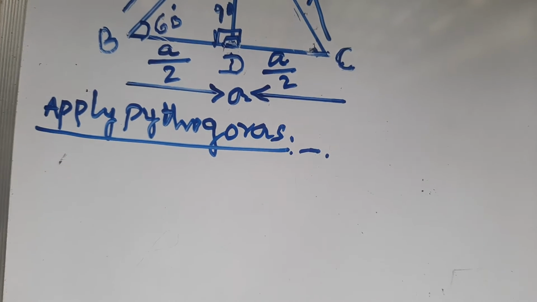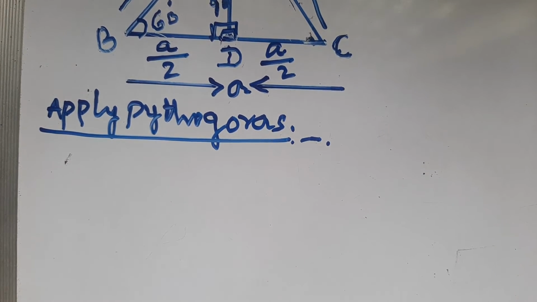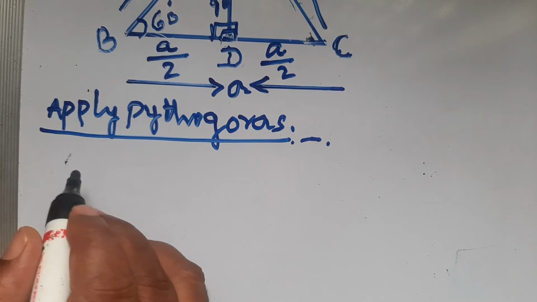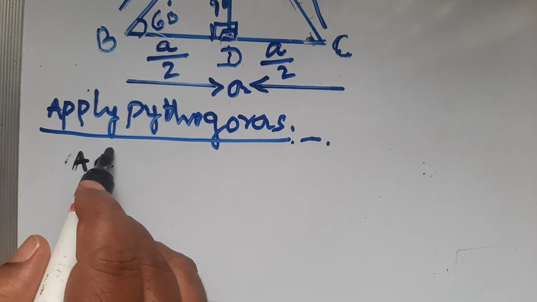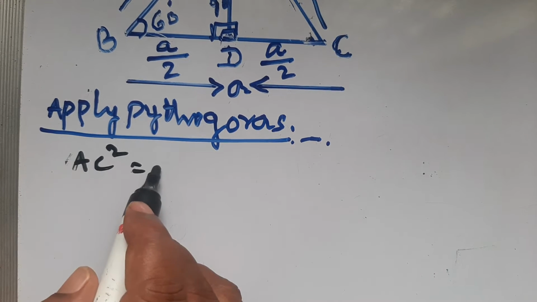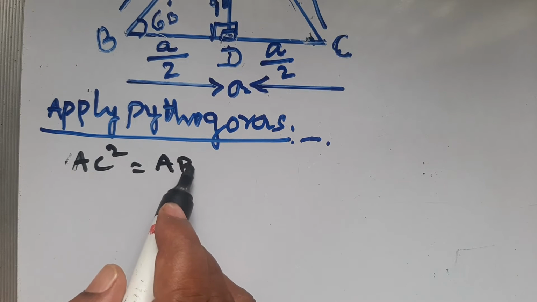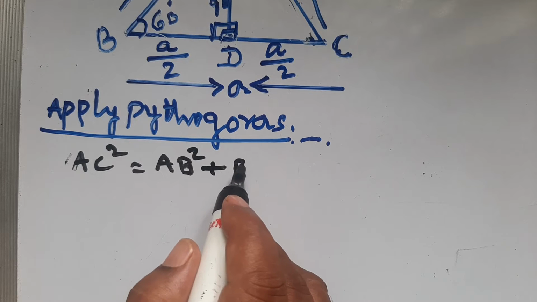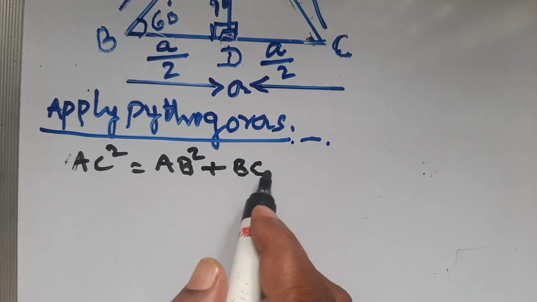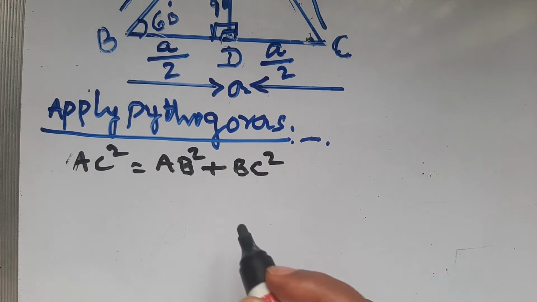So we have to write the statement and the definition. I told you. Now we have to write the equation. AC square is equal to AB square plus BC square. This is the Pythagoras theorem equation.